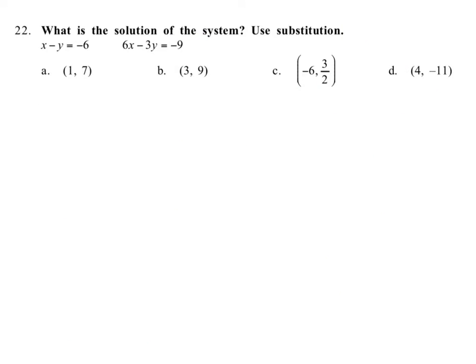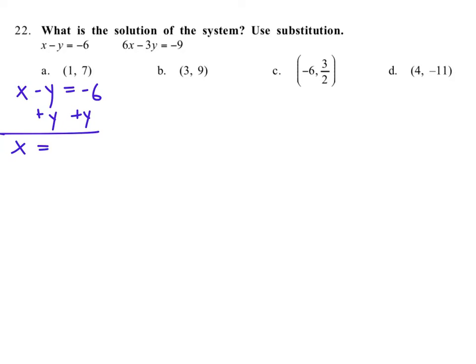Now let's do this again, and there's only one slight modification to this, which is in number 22, we don't have one of the equations already solved for the variable. Now we could solve either one, but you might be able to just see straight away that if we took x minus y equals -6, all we have to do is add y to both sides here, and then we've got just x equals.